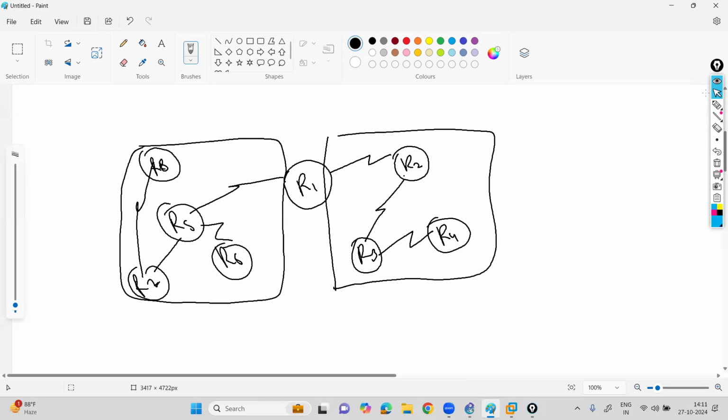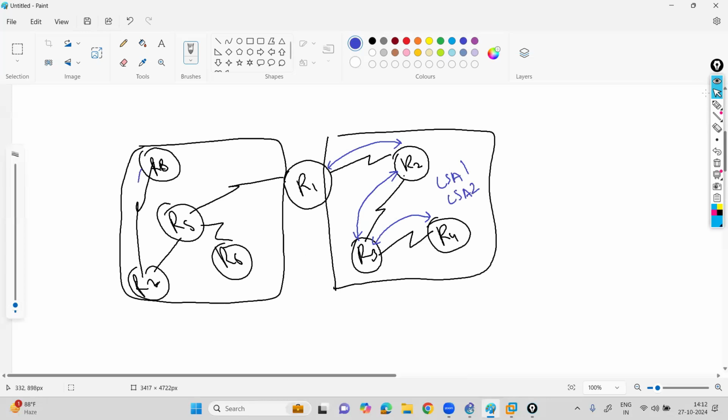Now what happens here? When the routers forward the data within the same area, this router is sharing the data to this side, right? When the routers are exchanging data between routers in the same area, that is exchanged by means of LSA 1 and LSA 2, right?